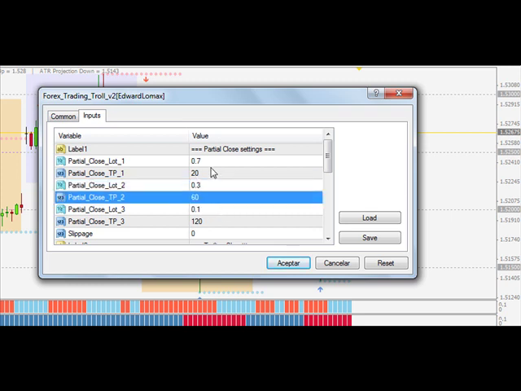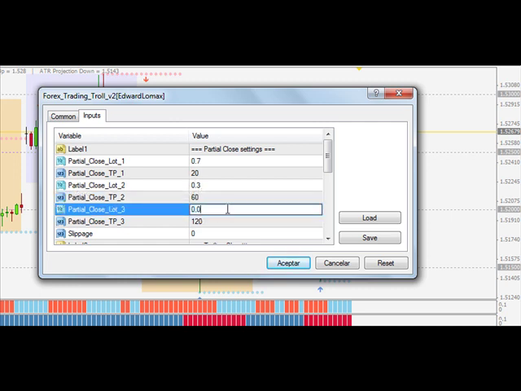One thing I want to make sure everyone remembers, the partial lots need to add up to the original lot trade that you placed. So here we placed 1 standard lot, so you would need 7 minis plus 3 minis would be 1 standard. And we would need to change this to 0. Now, what you want to do when you're doing less than the 3 partial closes, you want to leave the partial close value for the third one, which is 0, at a higher pip value than the previous 2.